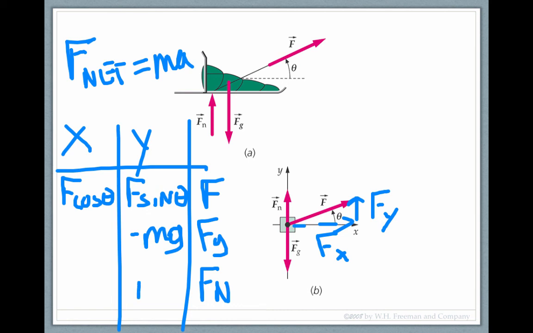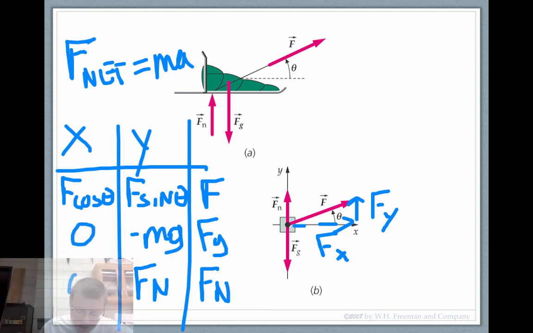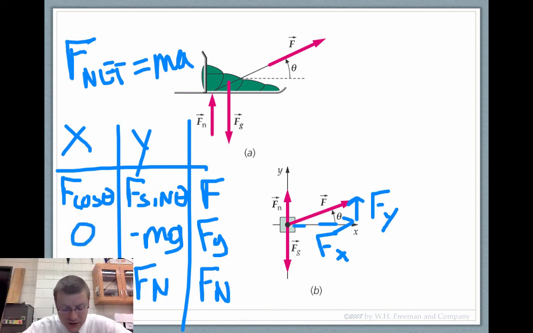And it looks like the normal force is straight up. Gravity is not in the x direction, and normal force is not in the x direction. So if I wanted to say, what's making this thing accelerate? The only thing making this accelerate in the x direction is F cosine theta. So F cosine theta would equal ma, and you could figure out the acceleration of the block.